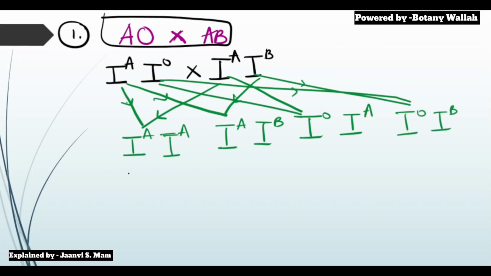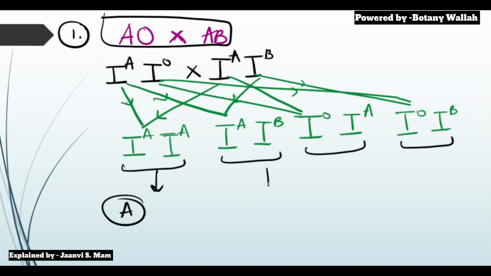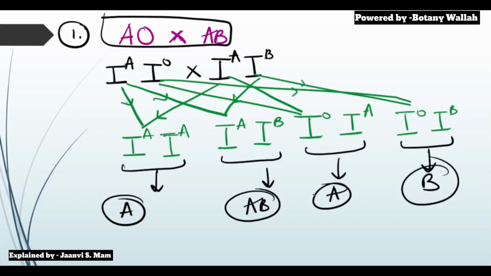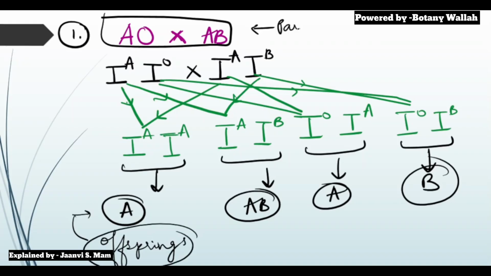So here you will have four possibilities of blood group. Here you will have blood group A, here AB, here A, and here B. So these are the possibilities of whom? Of the offspring. Okay, possibilities for offspring. This is the parents' blood groups.